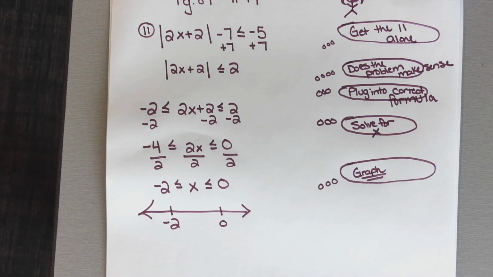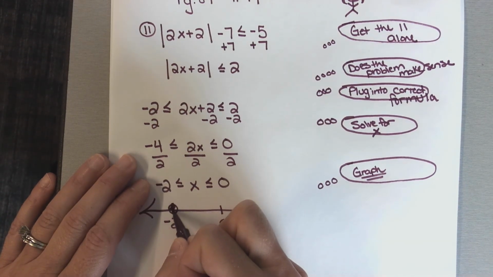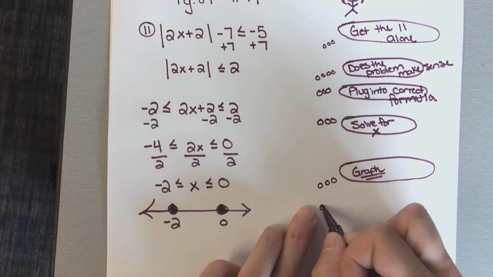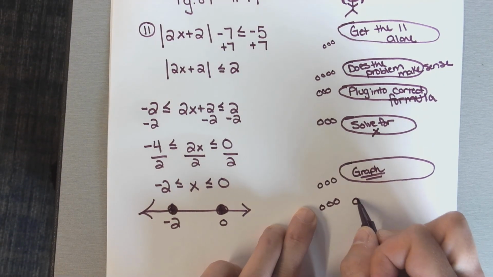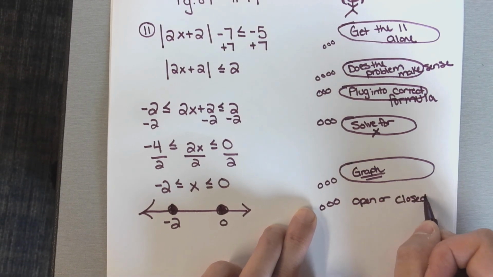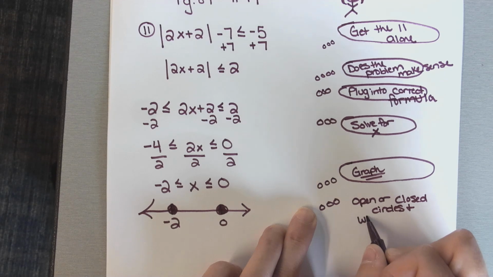Open or close circles at 0 and negative 2? Closed. So I can put that over here as another thought. Open or close circles. And where to shade.